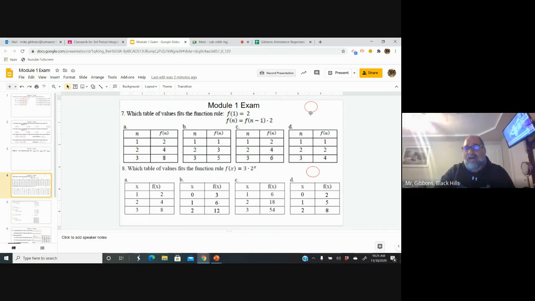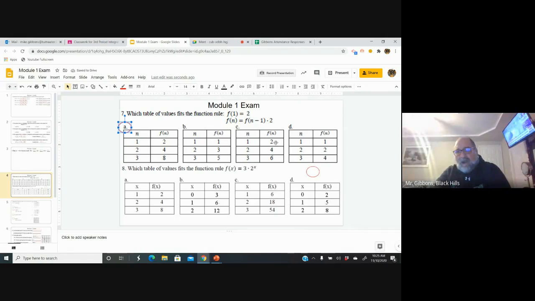So I already know that the answer to number 7 is A. See, over here on C, I'm adding 2 every time. C is telling me I have a common difference of 2, while A is telling me I have a common ratio of 2, which means I'm multiplying, and that's what that times 2 is right there. Does anybody have a question on number 7? Nope. Everybody good there?